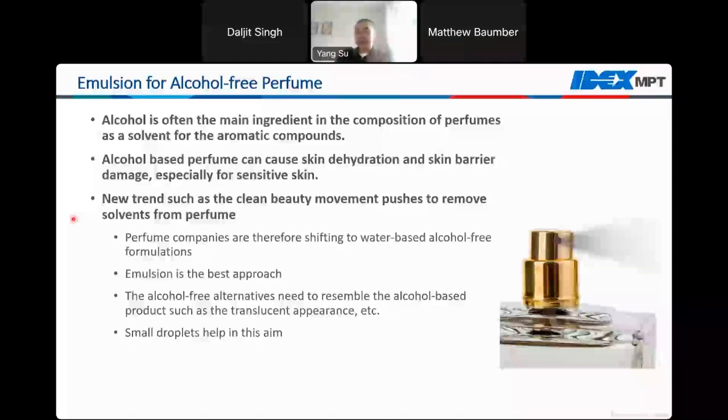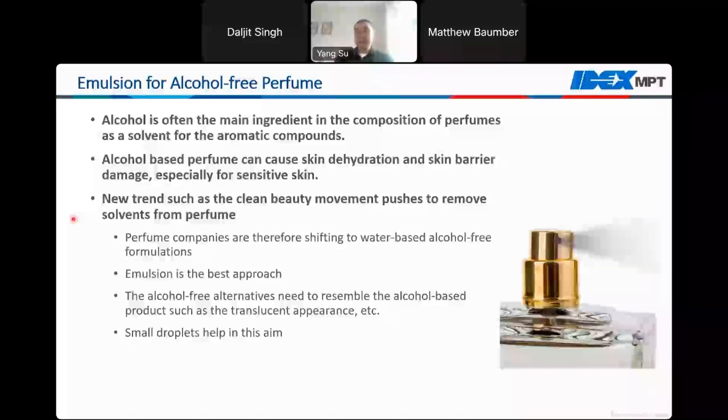So, as I mentioned before, there's a new trend pushing to remove solvents from the formulation. This is also applicable for perfume. Consumers are looking for cleaner, greener, or more natural products. So perfume companies are now working to develop water-based, alcohol-free formulations.